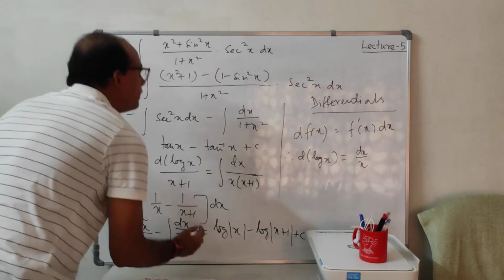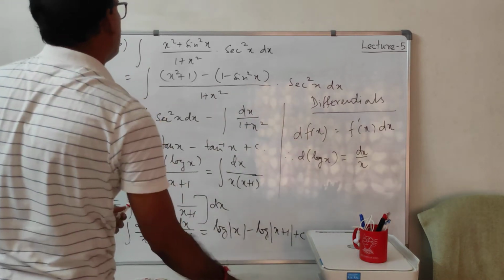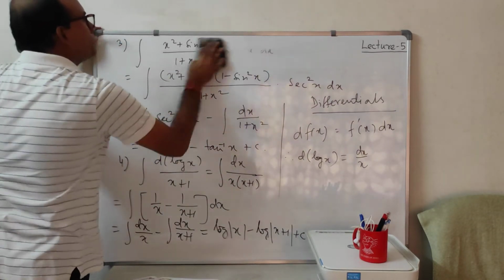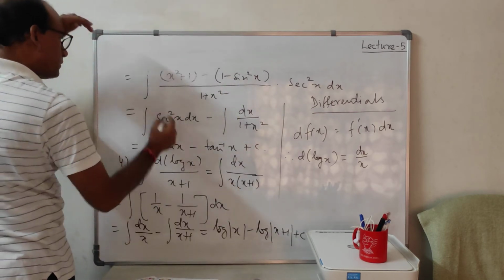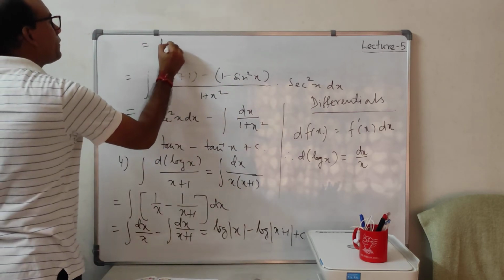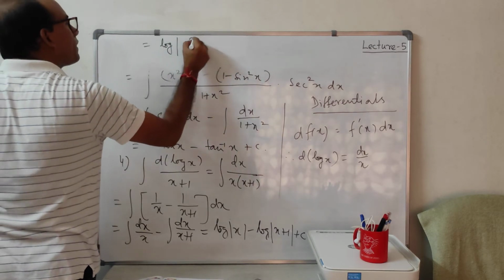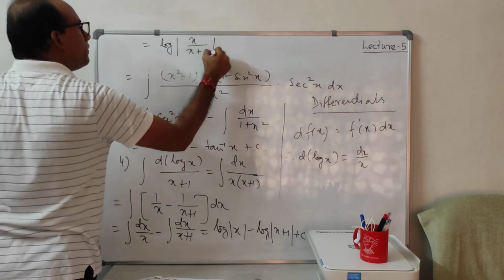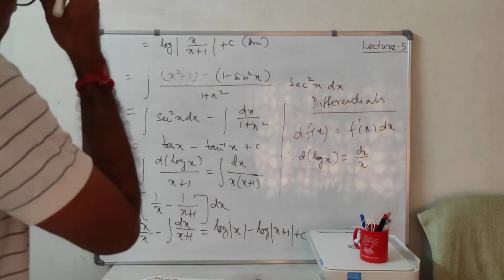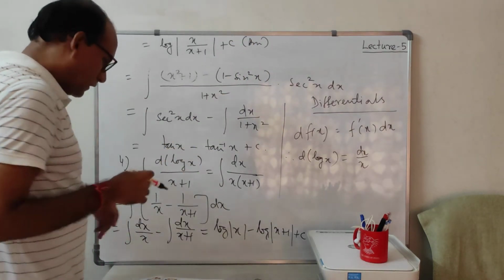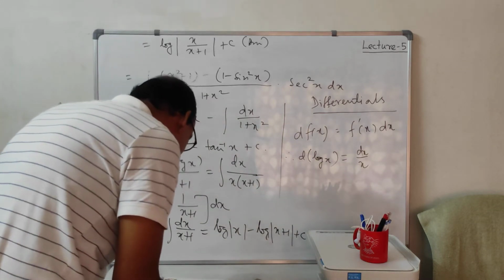And this part you may write, I am removing the first two lines, using the simple formula of logarithm, log x by x plus 1. This is the answer. Okay, just note it down in your copy.